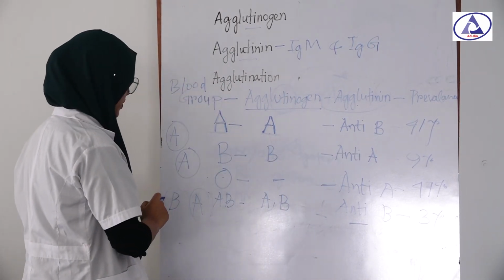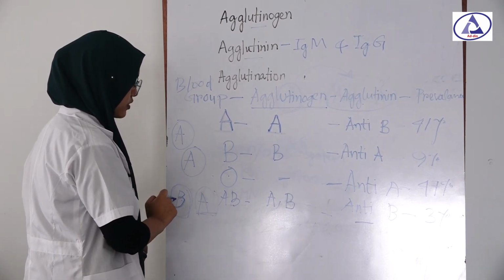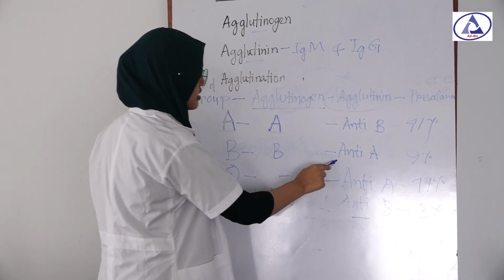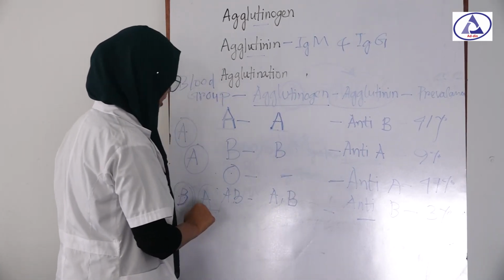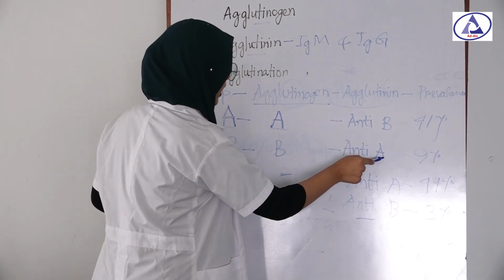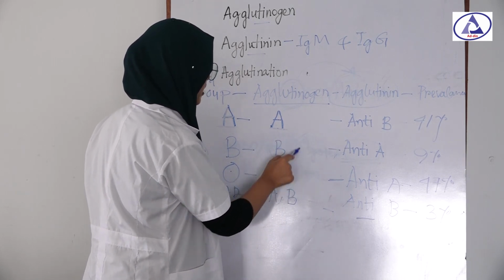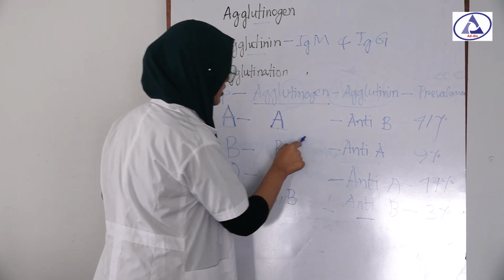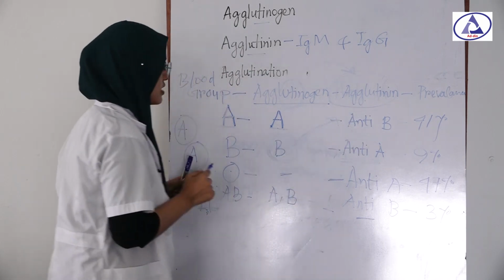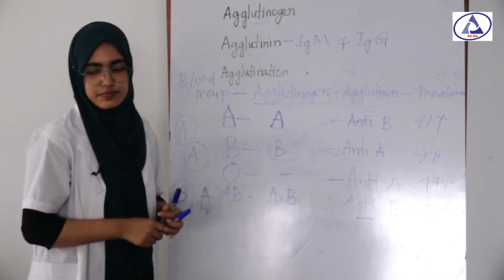So if I transfuse B blood group to an A blood group person, what does the B blood group person carry? It carries agglutinogen B and has agglutinin anti-A. And if I give this to an A blood group person, this anti-A of the donor will react with the agglutinogen A of the recipient, and the agglutinogen B of the donor will react with anti-B of the recipient. So what will happen? Agglutination will occur.